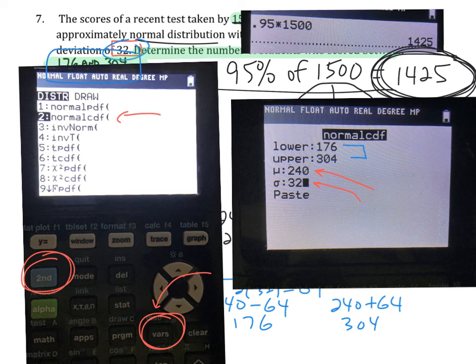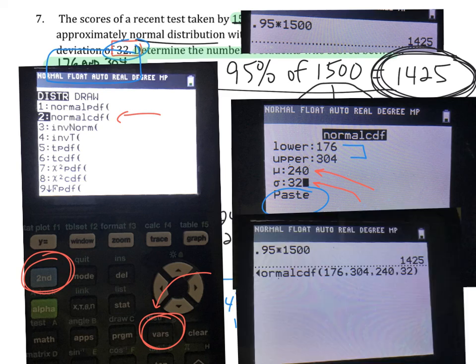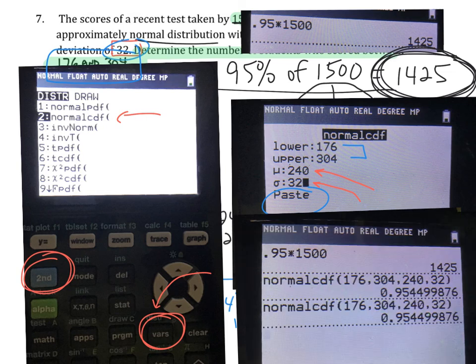So we type in the lower is 176, the upper is 304, go to paste, and it'll paste it on the main screen of the calculator. Then press enter again, and it gives you the approximate percentage of the scores that, if you have a normal distribution, lie between 176 and 304.